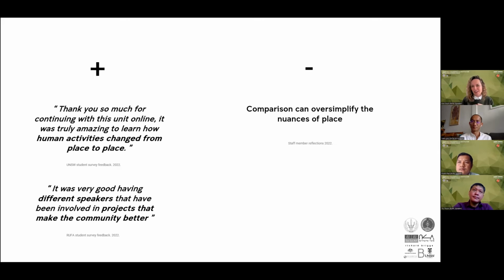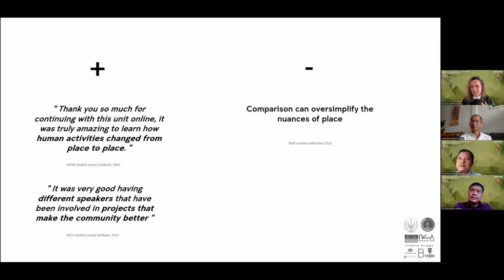And another one of our Cambodian students talked about the value of having international guests and speakers help them to understand, again, that there are actually many ways to positively benefit communities in terms of our role as architects, as urban designers, as urban creatives.